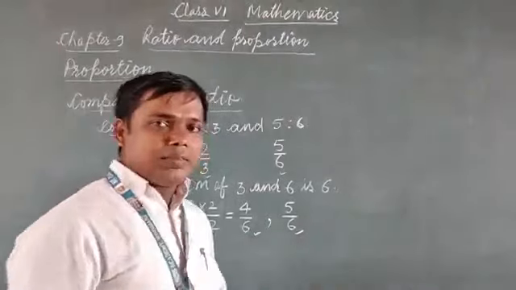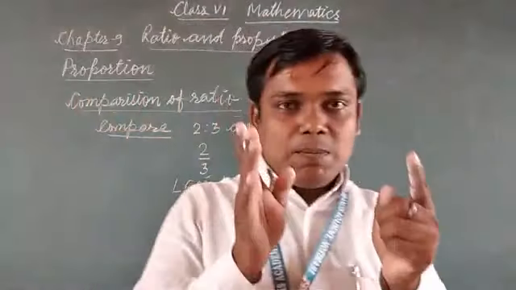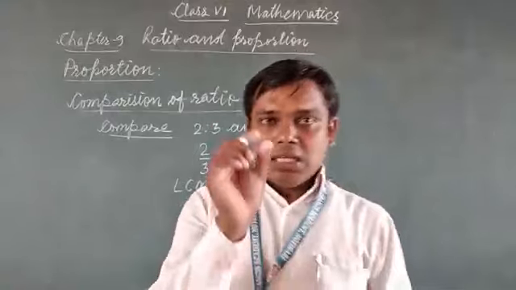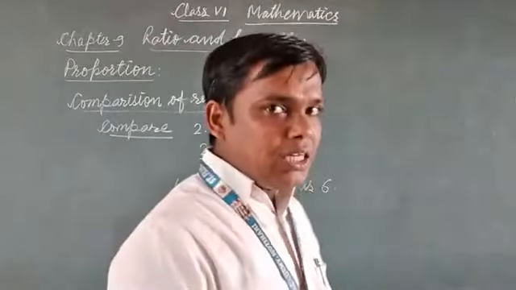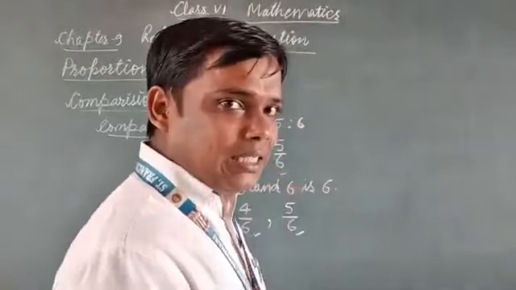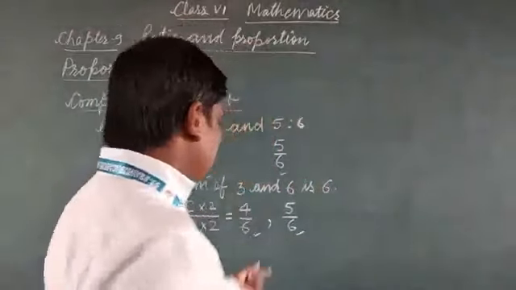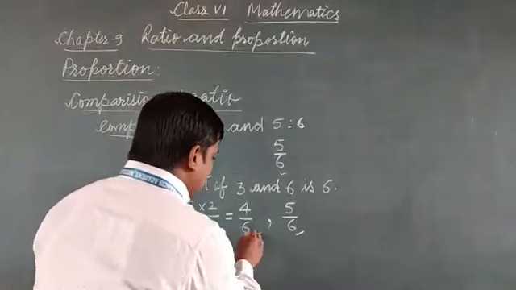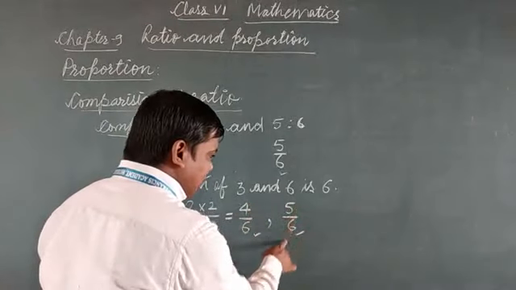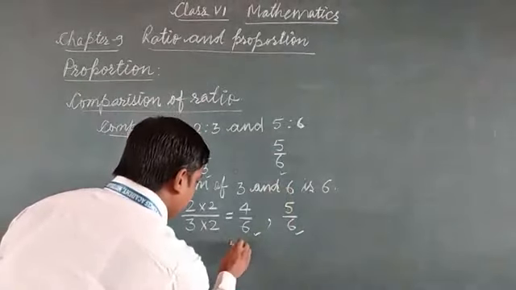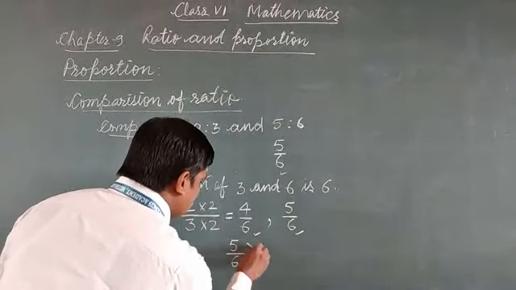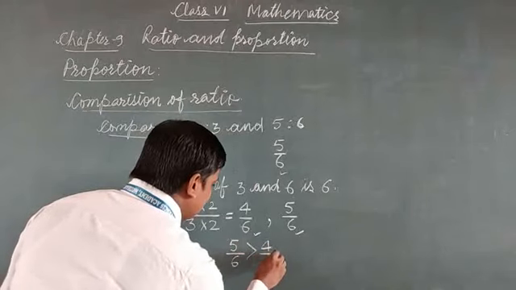Now you know that in case of like fractions, meaning if the denominator is the same, then the fraction having the greater numerator will be greater. Means in these two fractions 4 by 6 and 5 by 6, 5 is greater. Therefore we can write 5 by 6 is greater than 4 by 6.